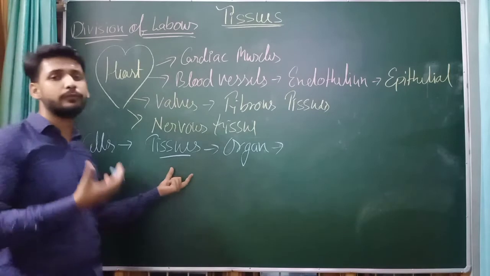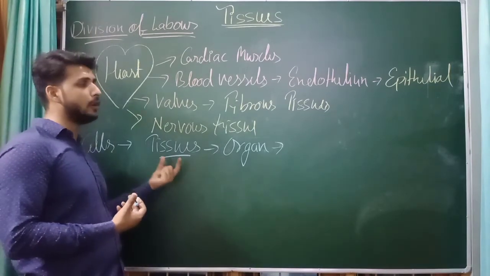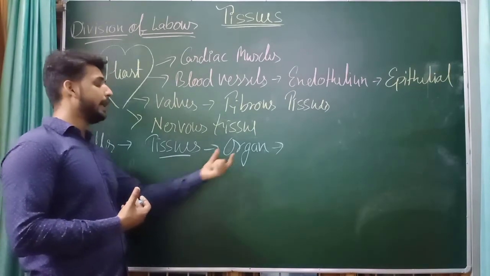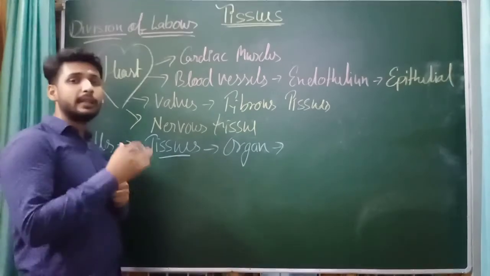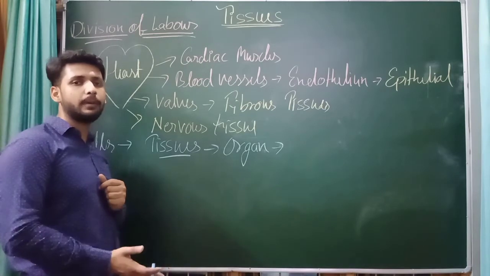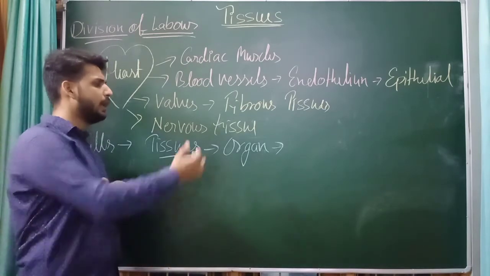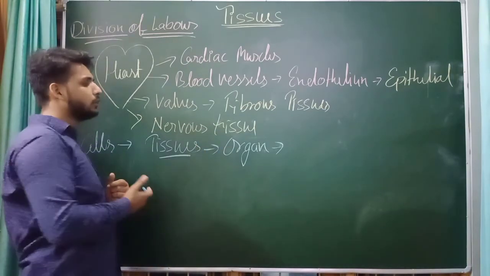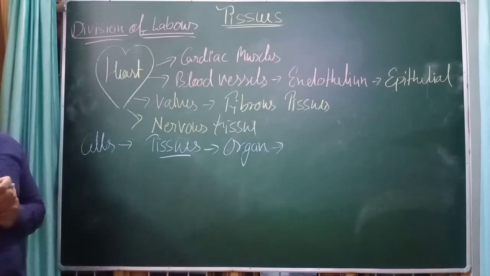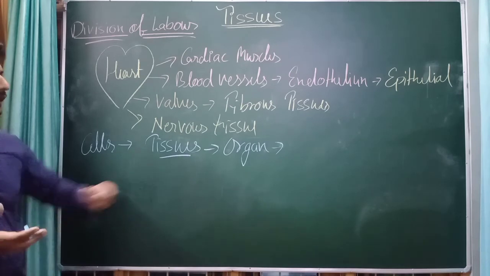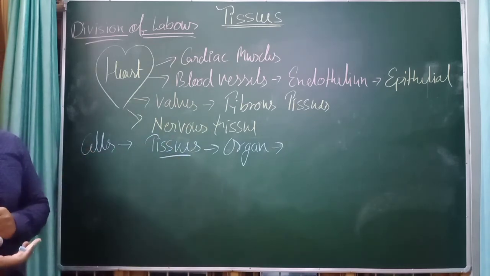Tissue performs one particular function in an organ. So here it is the division of labor. Further, the function of the heart is to pump the blood. It is also performing one type of function.